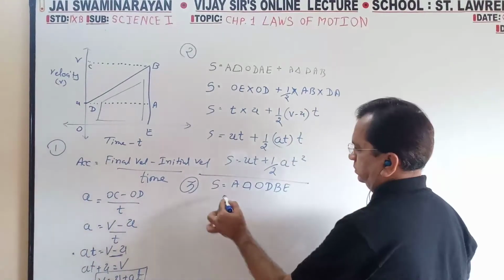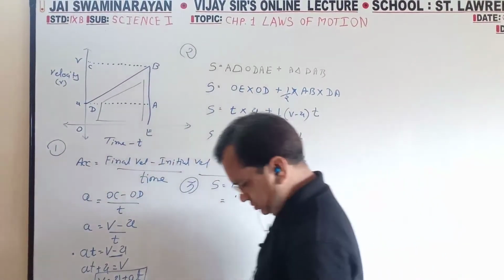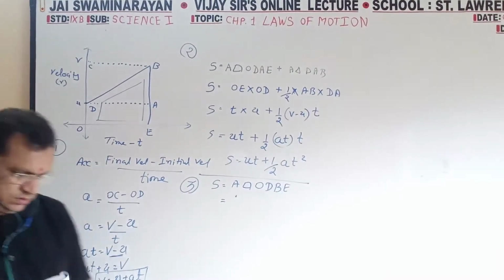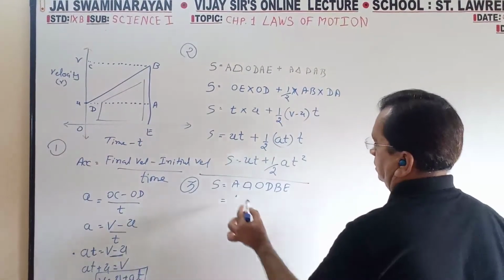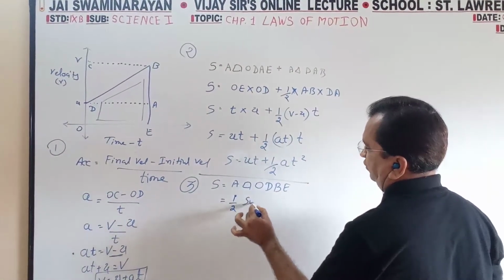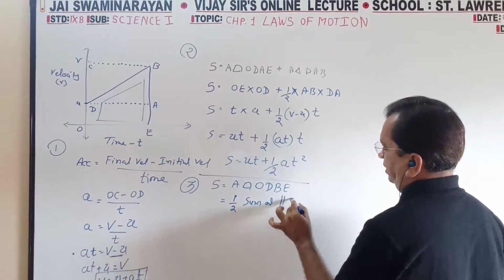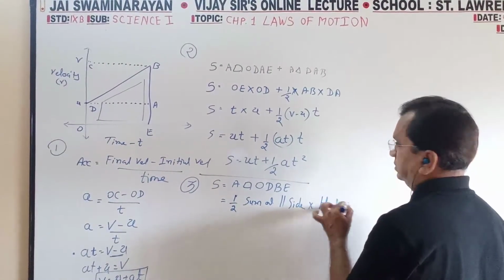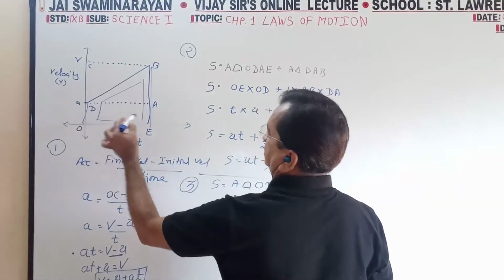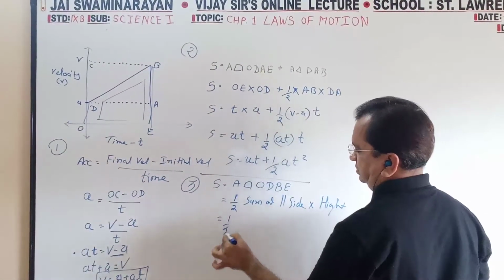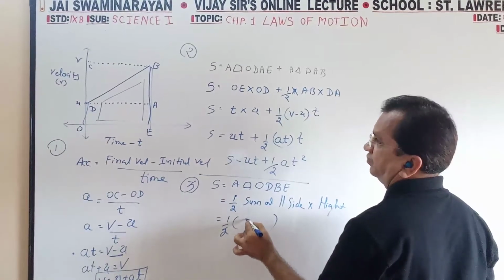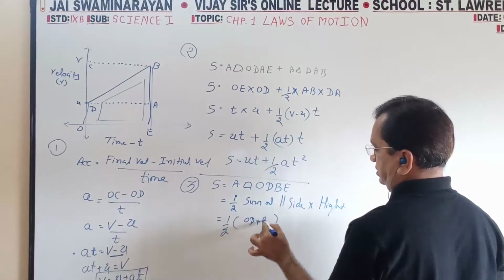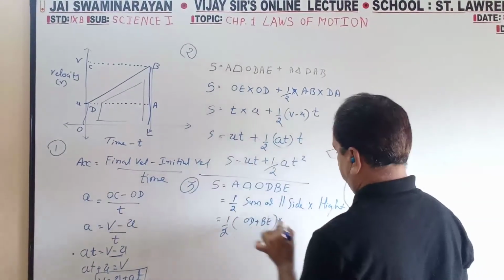So area is half into the sum of parallel sides into height. Your parallel sides are this and this, and height is this: sum of OD plus BE, and height is OE.